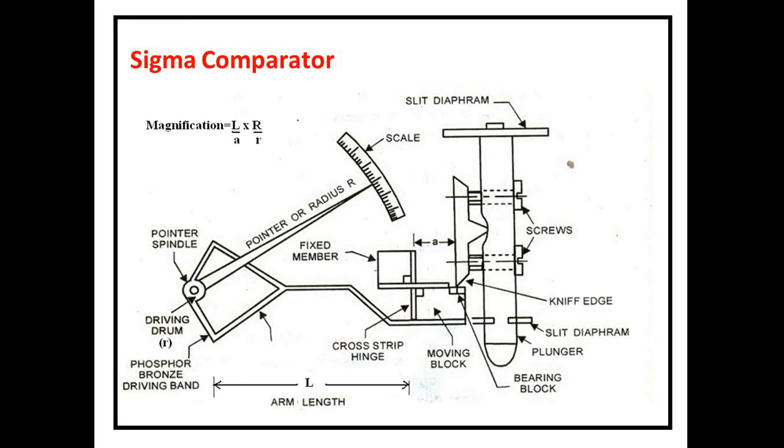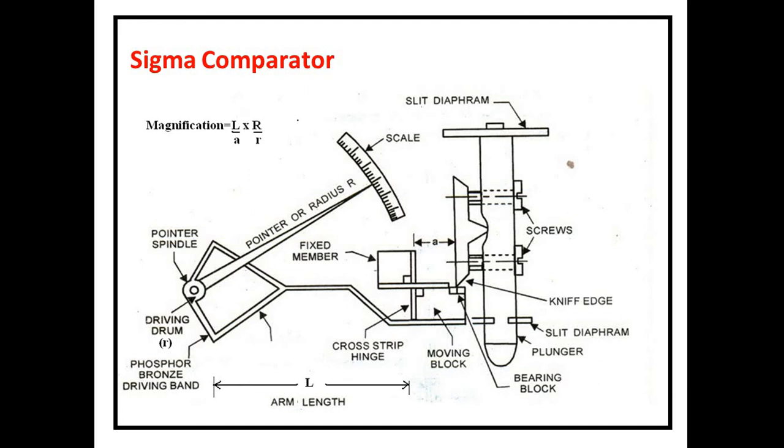Accordingly, this plunger is going to move either in upward or downward direction through this slit diaphragm. The slit diaphragm ensures the free movement of this plunger. The movement of this plunger is transferred to the knife edge. This is the knife edge. This knife edge is resting upon the face of this moving member of the cross strip hinge. This is the cross strip hinge.